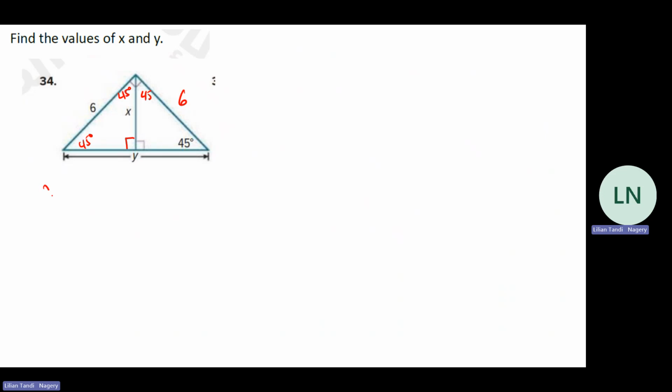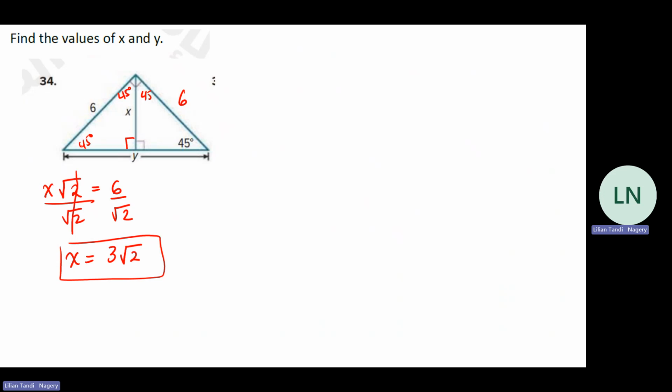So we know that x square root 2 is equal to 6. Divide by square root 2, divide by square root 2. X equals 6 divided by square root 2, which is 3 square root 2. Okay.